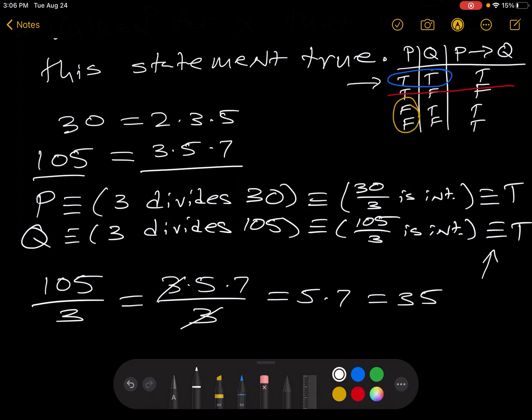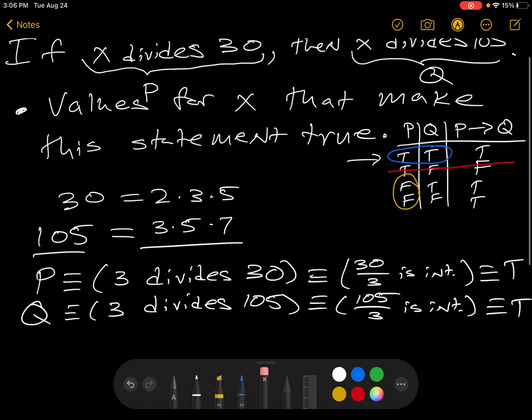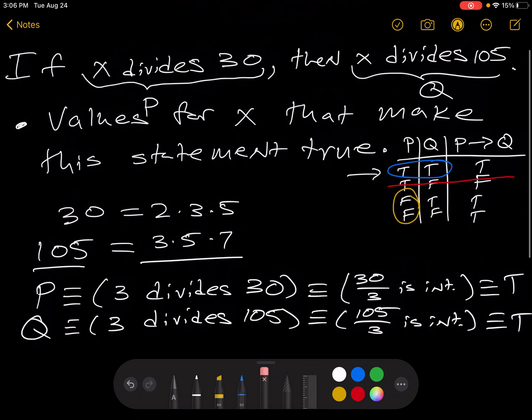So in fact, we do have true there. Okay, so here we found 3 is an x. So x equals 3 is an example of a value of x that makes this statement true.